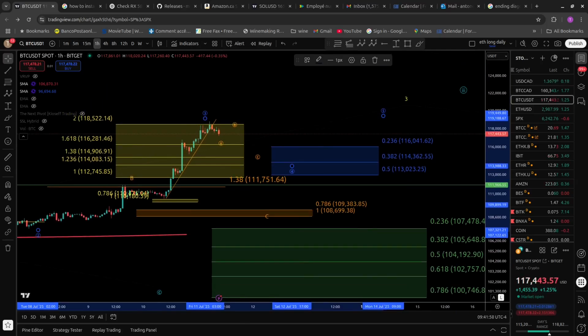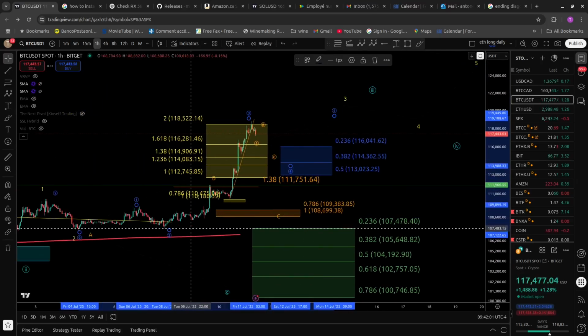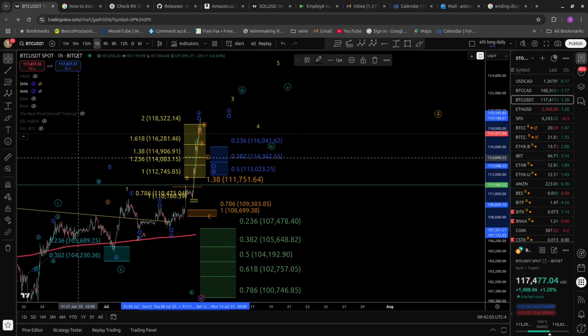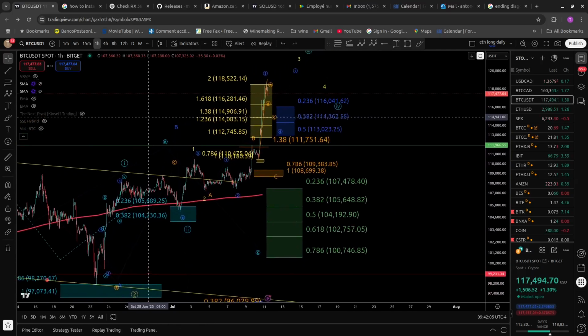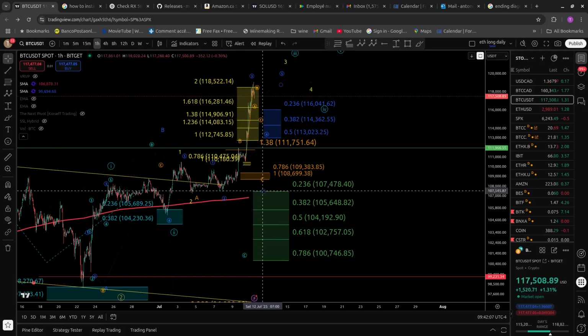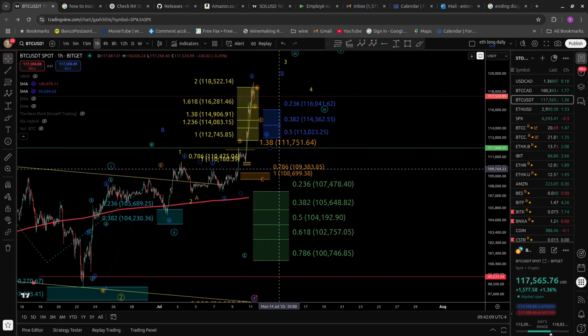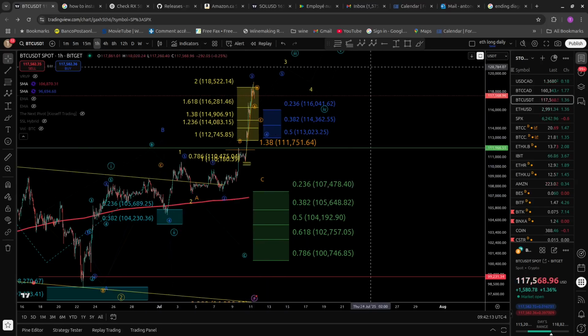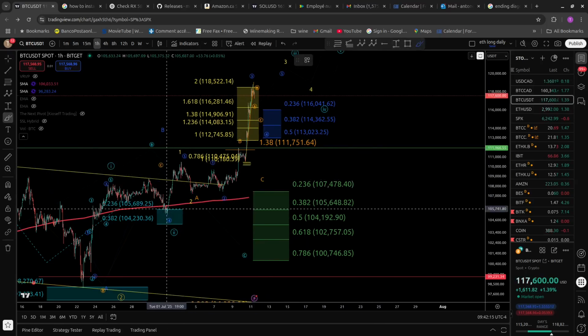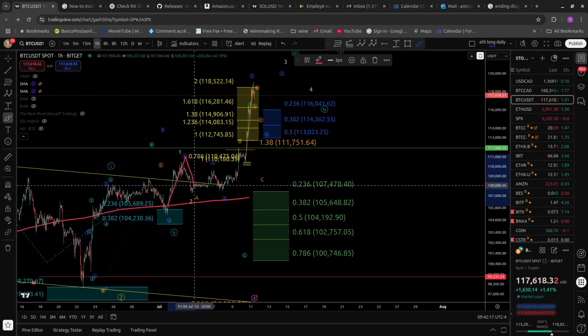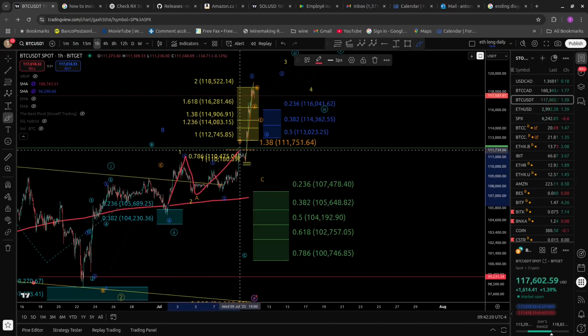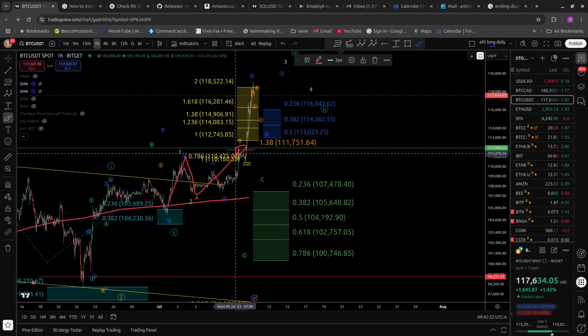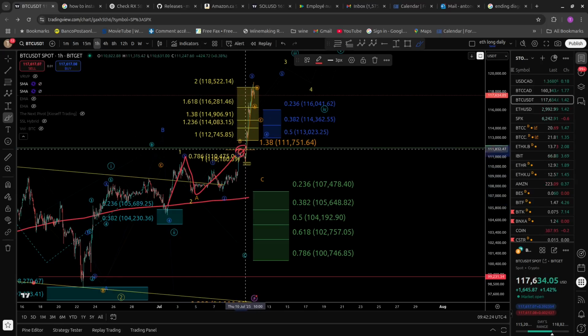And let's just remember that, can I invalidate something now? I think I had 1, 2, A, B, C. Well, I think this count now, I can remove it. This was the scenario that this was the wave 1 and this was the A, this was the B, and we did reach the limit for where a B wave can be, a high B wave.